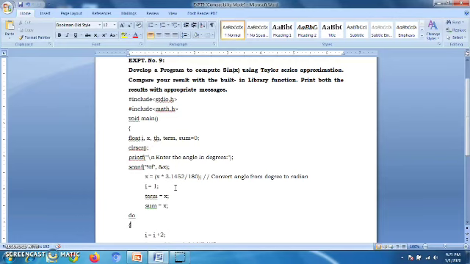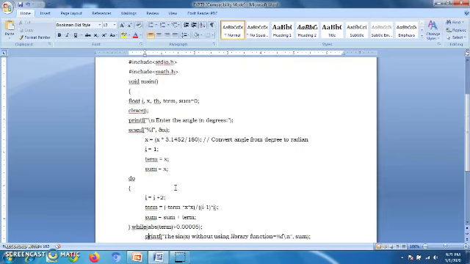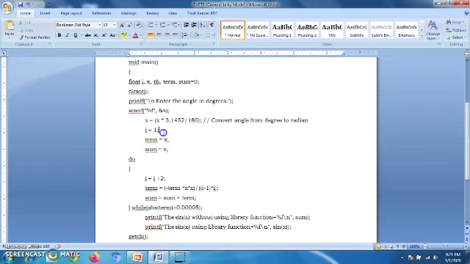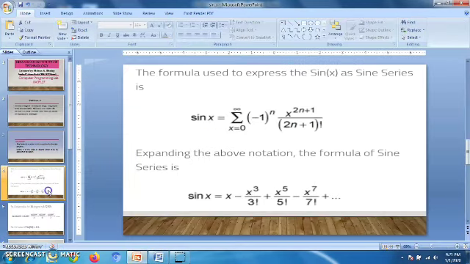After this our actual code of program will start. We'll initialize the temporary variable I with the value 1, and we initialize term equal to x and sum equal to x, because as we saw in the actual series, whenever you start calculating, the first term is x, and after that the next term is minus x cube divided by 3 factorial.